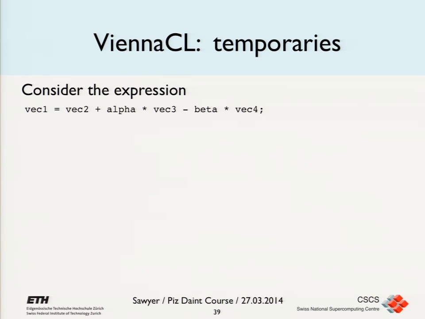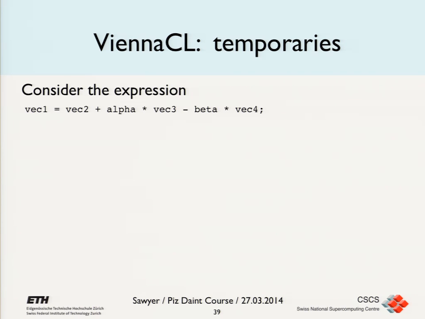So this is just briefly, this sort of expression causes a lot of trouble when it's expanded as in template metaprogramming. Why? Because it implies that there are lots of temporary vectors, right? If you do this, well, you calculate this, that goes into a temporary, you calculate this, that is in a temporary, you add these two, that's another temporary vector, then you have that plus the temporary vector.